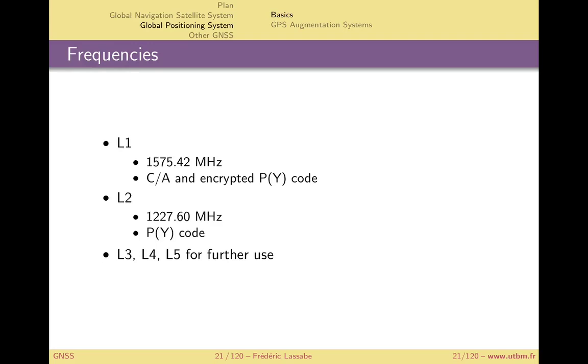And the L2 frequency, which is reserved for military use, is around 1200 MHz. So with both frequencies you can fix some of the errors due to the atmosphere traversal, and that's why in part the military version of the system is more accurate than the civilian one.